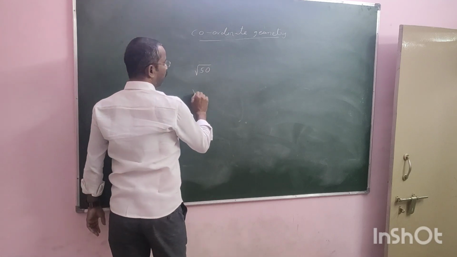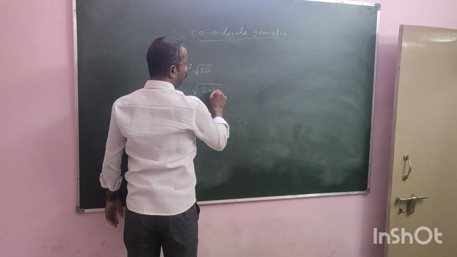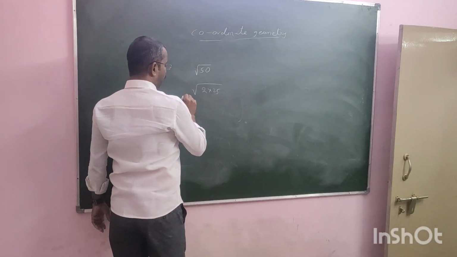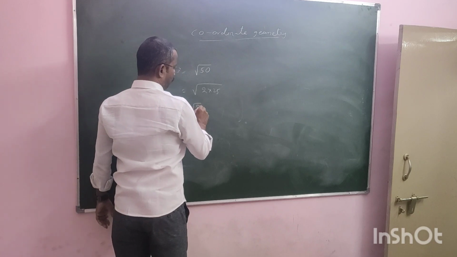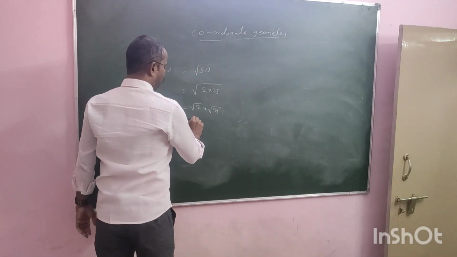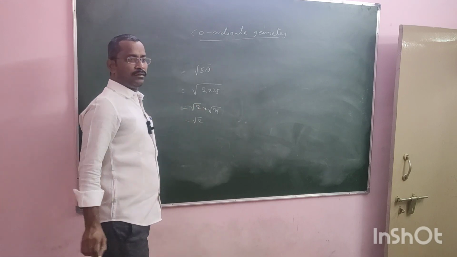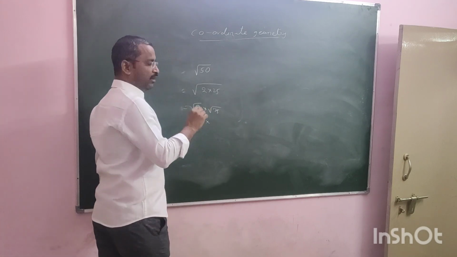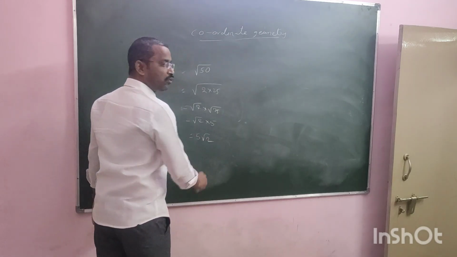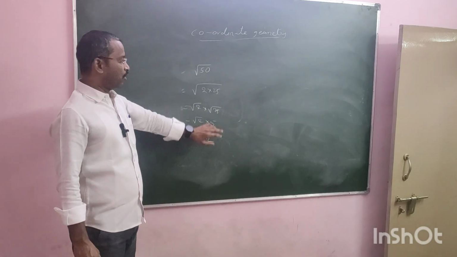So what can you write for root 50? 2 into 25. Is that correct? Next, you can split it: square root 2 into square root 25. You cannot find the square root of 2, you will leave it. But you have a perfect square: root 25 is equal to 5. So the answer should be 5 root 2. This is the exact value you should write, not root 50.